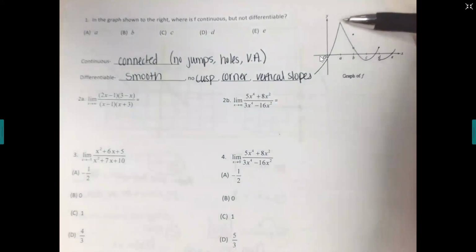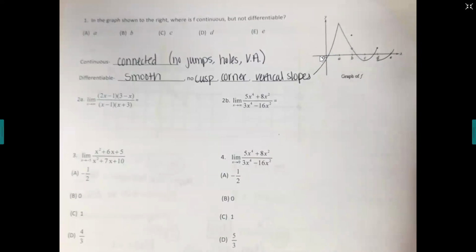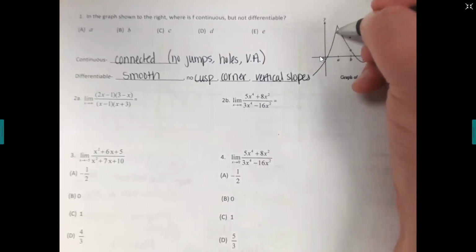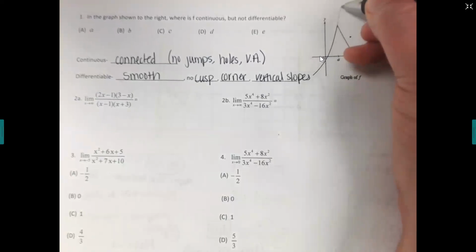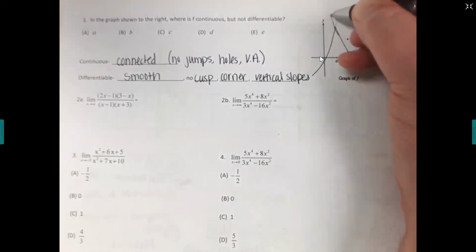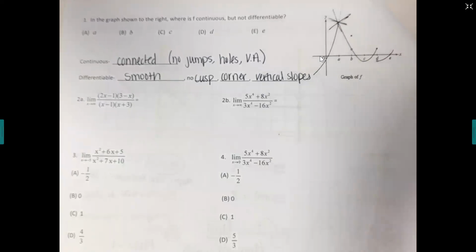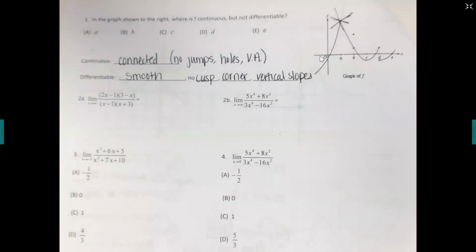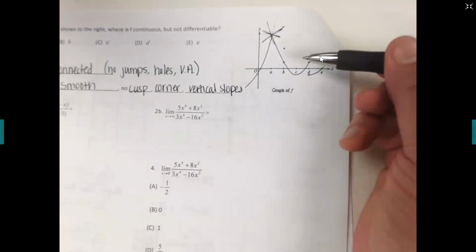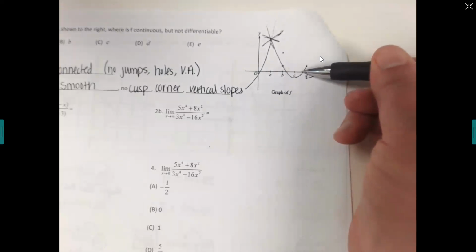So for a cusp, like I have right here, how can I draw a line to lay alongside that? On this side, my graph's line would be pointed up, but then on this side, my graph's line would be pointing this way. So the problem is there's no way for you to line a tangent line up on the top of like a little mountain top like that. Now, what if it had looked like this, where it's a smooth turn?